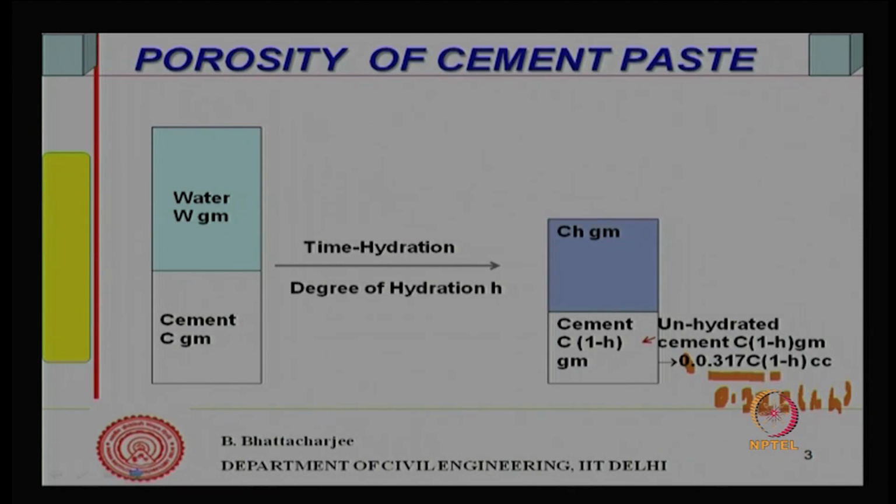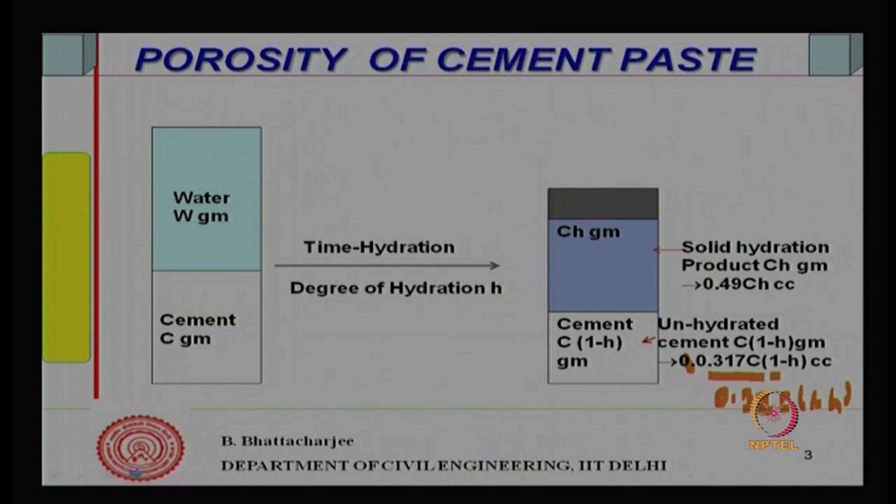CH is the mass of the cement that has reacted, because H is the degree of hydration, meaning the fraction of cement that has reacted. The volume of hydration product we know is 0.49 CH cc for CH grams. The corresponding gel pores are 0.19 CH cc.